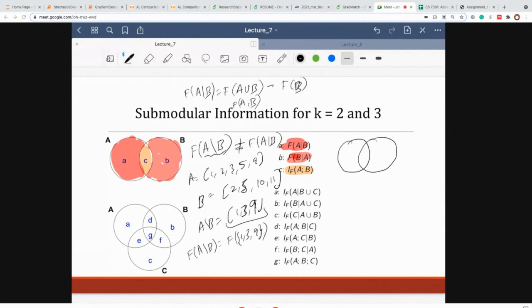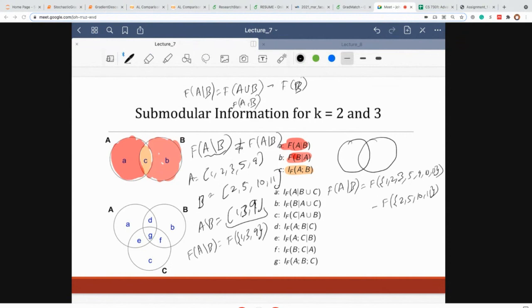Whereas f of A given B would actually be f of the intersection, which is 1, 2, 3, 5, 9, 10, 11, minus f of 2, 5, 10, 11. So this is 5, by the way. I think I also got confused. So this is 5.